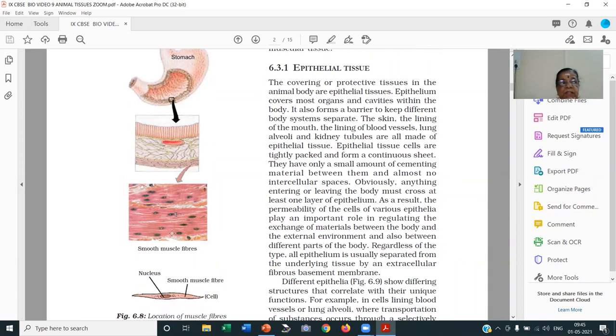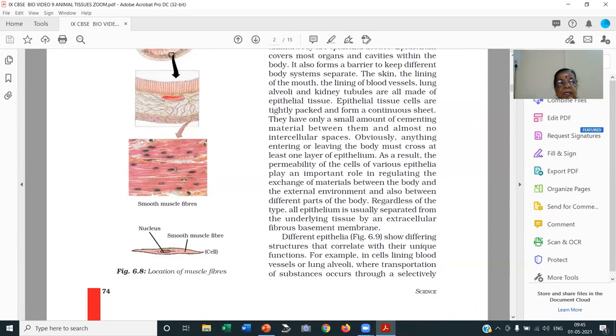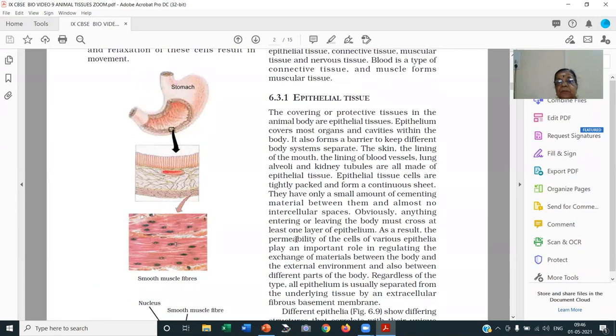It is uninucleated. So this is the stomach organ, lined by smooth muscle, and then a group of muscle, and then this is a single smooth muscle. It is a cell. It is a muscle fiber. So what will you label? The center one is the nucleus, and then the cell membrane. That cell membrane, you will label as muscle fiber.